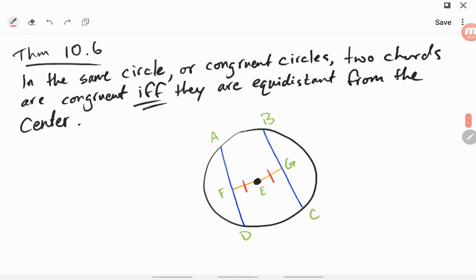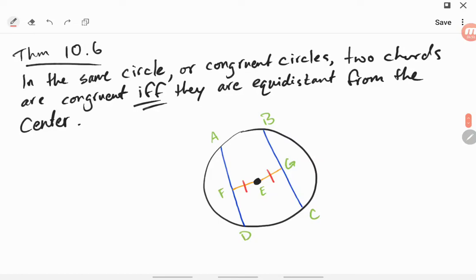Theorem 10.6. Back to talking about the same circle or congruent circles. So in the same circle or congruent circles, two chords are congruent if and only if they are equidistant from the center. So I've got two chords here, I've got AD and BC.